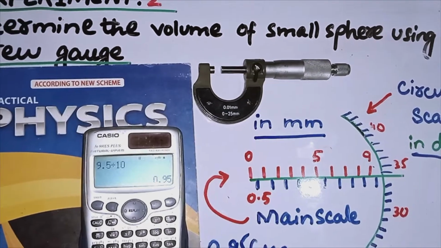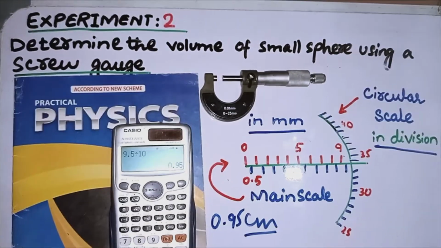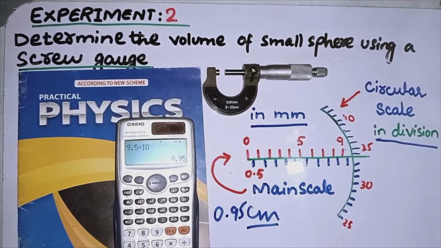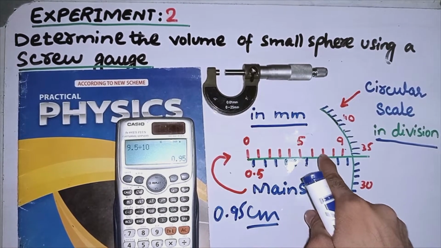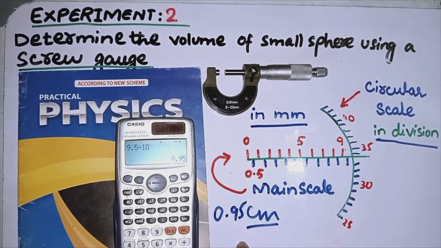I hope you all are clear what reading I will get: 0.95 centimeter. So in this way we will convert our millimeter reading of the linear scale or main scale into centimeter.